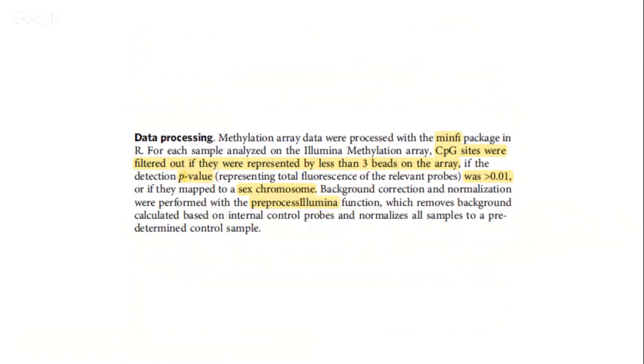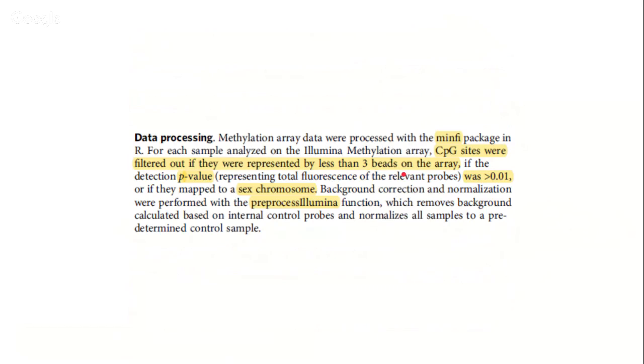Data processing, because these arrays, methylation arrays, they need to be processed as such, and there's an R package called minfi for that in R that will allow you to do that. Then they filtered for CpG positions represented by no less than 3 beads per array, and they filtered out the ones that had less than 3.